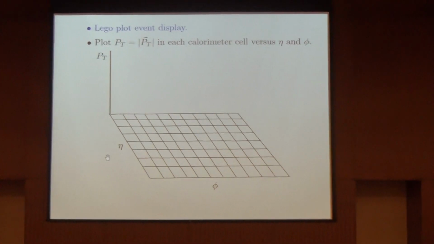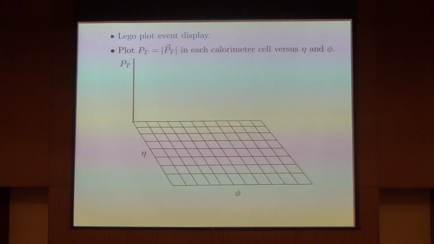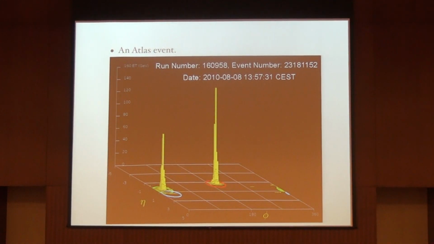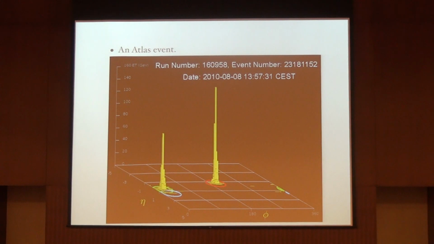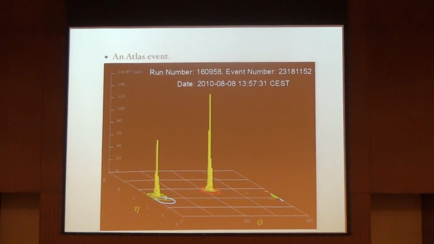There's the eta and the phi. Here's the Lego plot with nothing in it. Here is what you see in an event, in some events. This is a rather rare event. But what you're seeing is that there's a lot of transverse momentum in a very small area in eta-phi space. And over here, there's another bunch of a lot of transverse momentum.